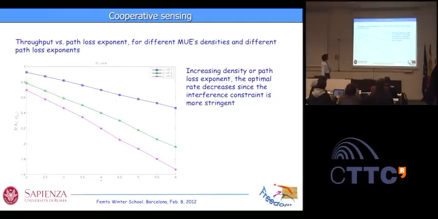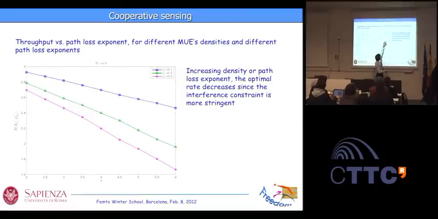Here I plot the opportunistic throughput as a function of two parameters, essentially the path loss exponent and the density. These three curves are for three values of the density of the macro users' deployment.